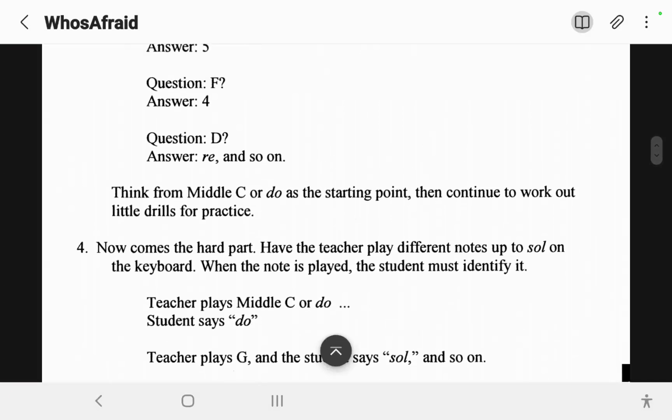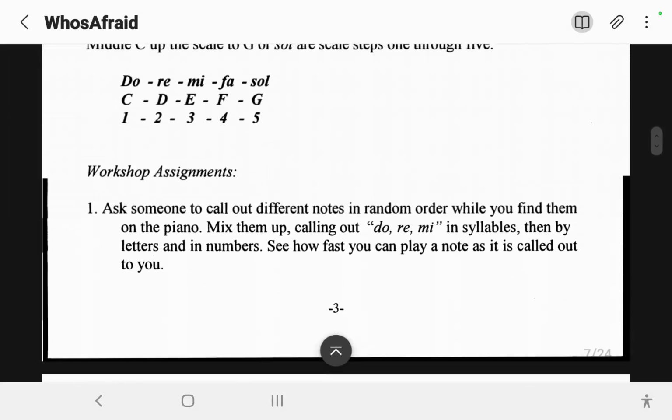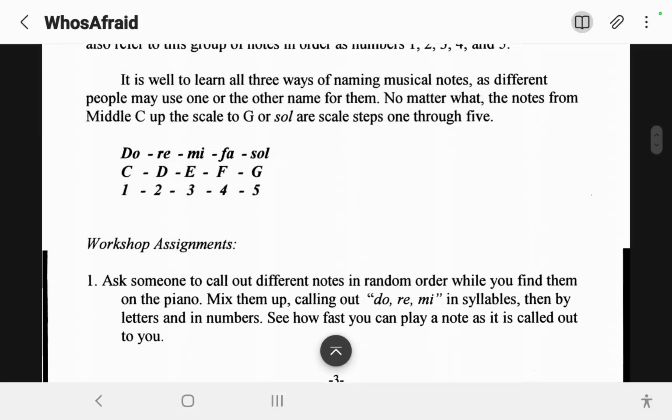Another option, this might be fun, it just popped into my mind, is set a metronome and see how quickly you could go back and forth. Obviously, by this point, the student would have to have some fluency. But if the teacher says do, the student could say 1, but it would be in tempo. If I were to do solfege and numbers, it would be something like this.